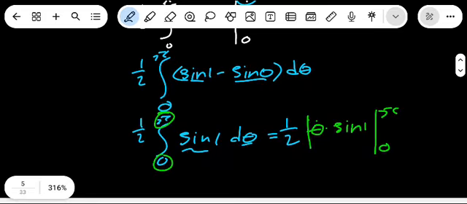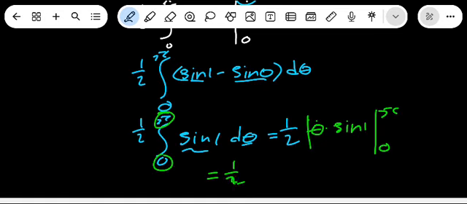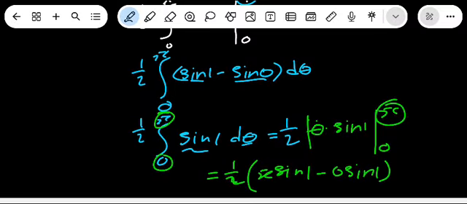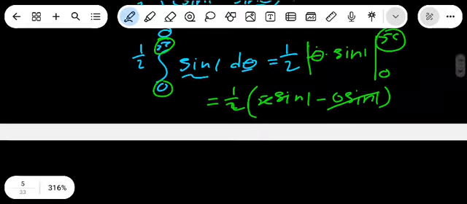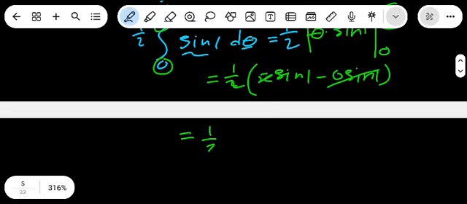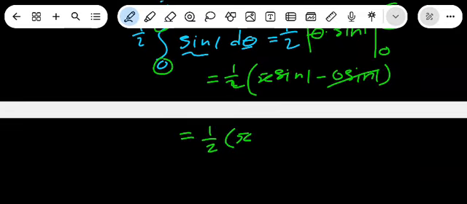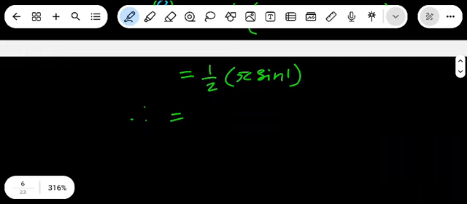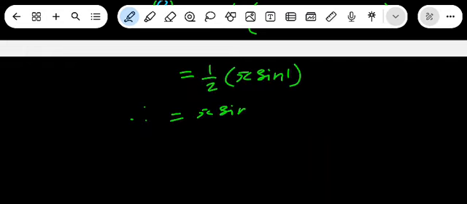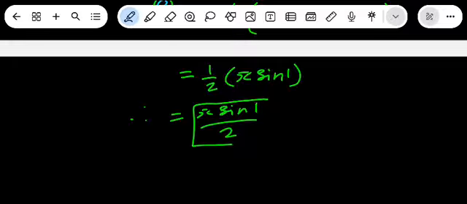So we have 1 over 2 times pi sine 1 minus 0 sine 1, and the second term simply becomes 0 and fades away. So this simply equals pi sine 1 over 2. This is our final answer.